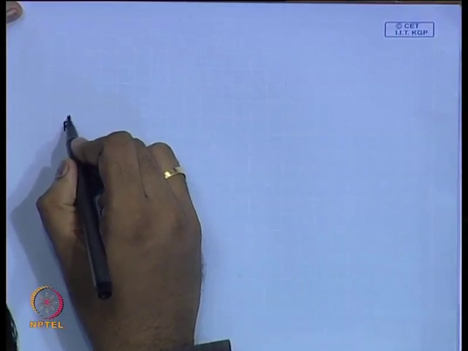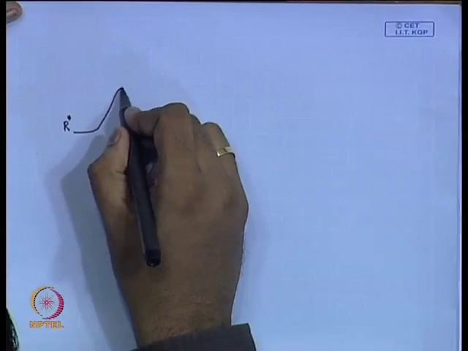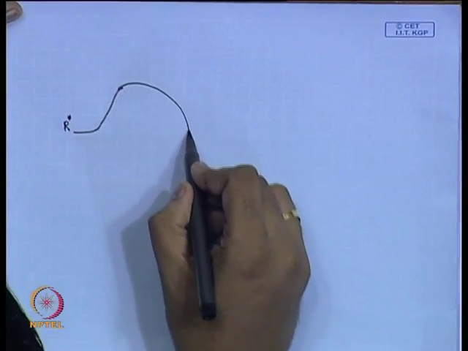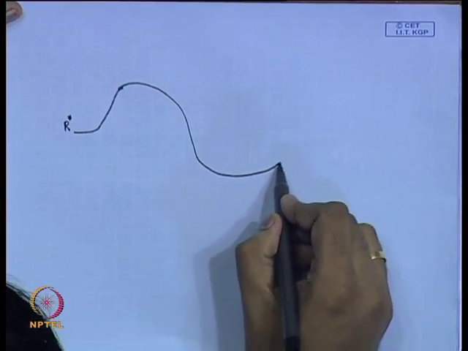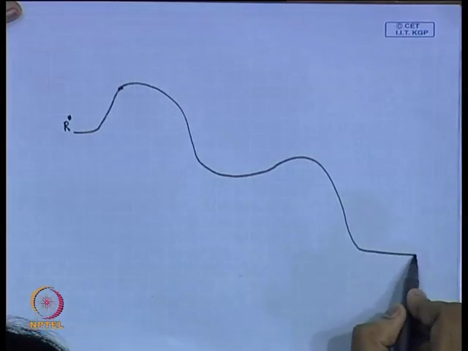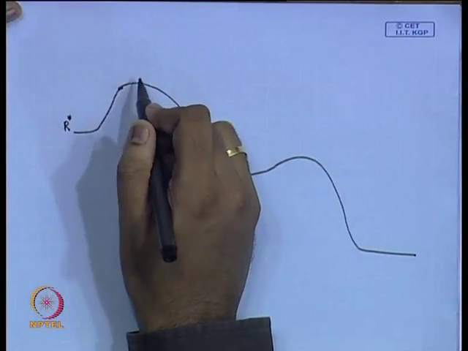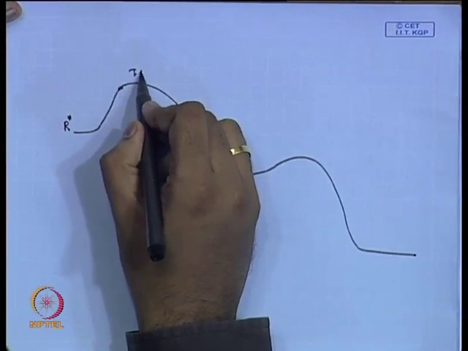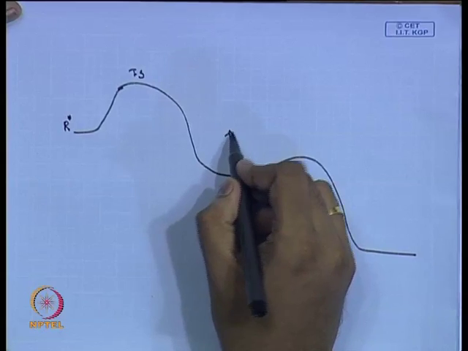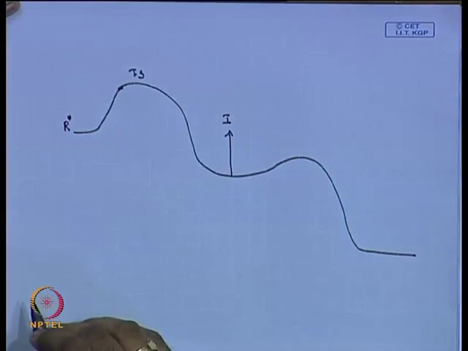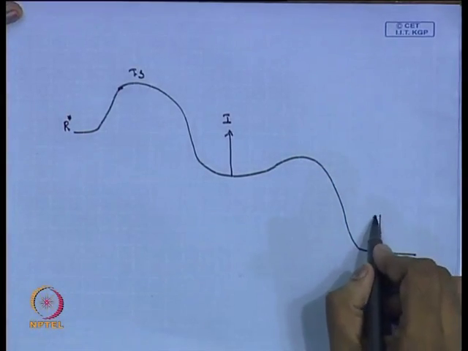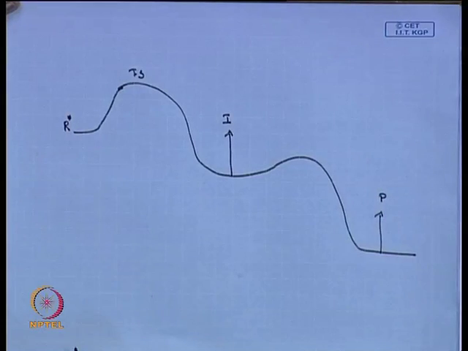Okay. So, same way if you see the energy profile, how it looks like. See, I have my R star, it goes to a transition state, then gives me an I, then it gives me a P. So, this will be my transition state, this will be my intermediate I am talking about, and this will be my product, right.